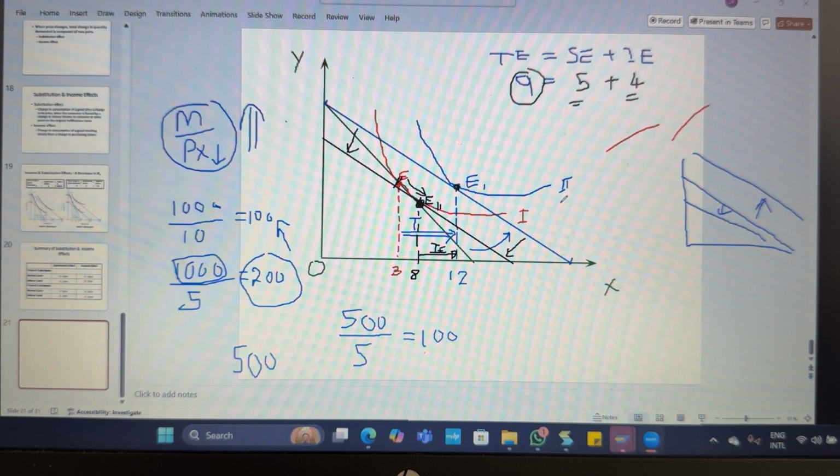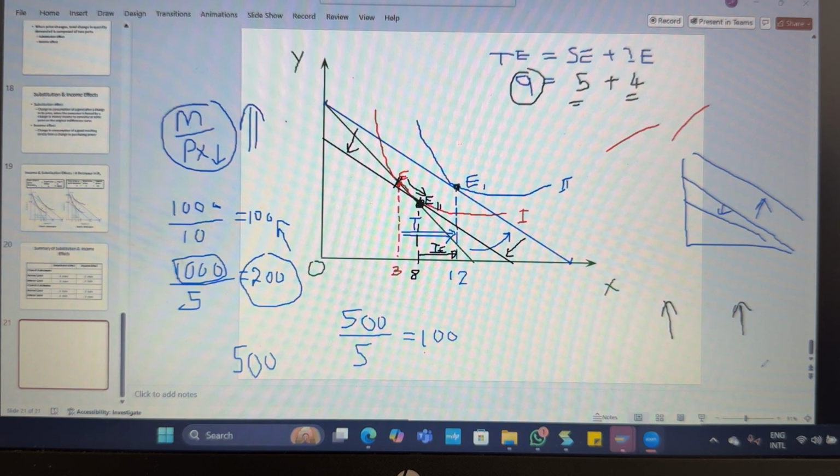Okay? Because income effect is positive here, positive 4. What does it mean? Positive income effect means with the increase of your income, you will purchase more of that particular good.